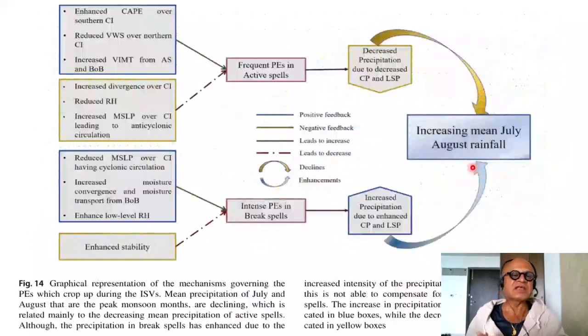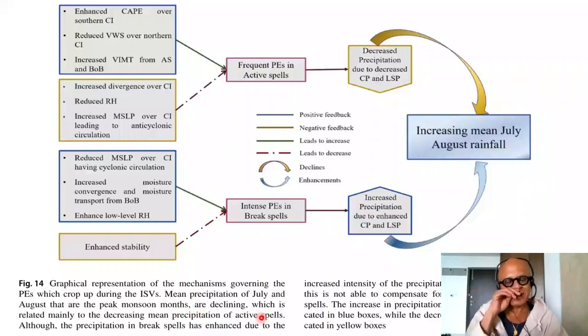But more interestingly, if we look at the series of processes they highlight, this is a graphical representation of the mechanisms governing the PEs, the precipitation events which crop up during the intraseasonal variations. Mean precipitation of July and August, that are the peak monsoon months, are declining.